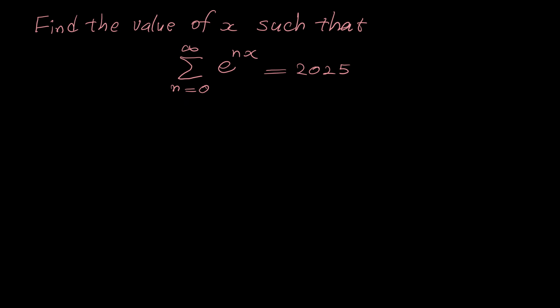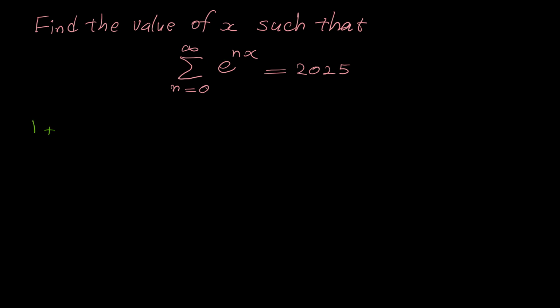If we plug in 0 for n in the general term of this sigma, then we have e to the power of 0x. The first term of the series is e to the 0x, which is e to the 0, and e to the 0 is 1. So the first term of this series is 1. What is the next term?